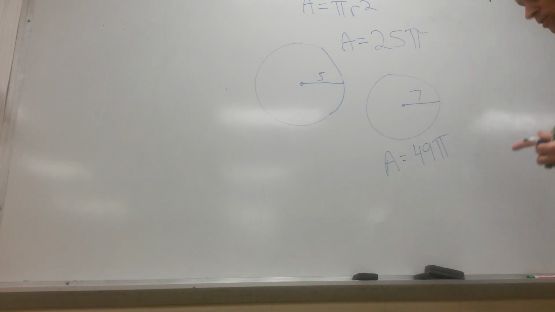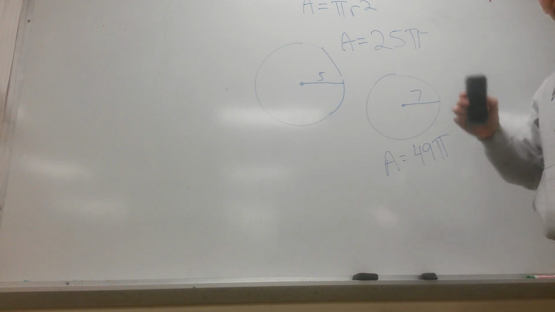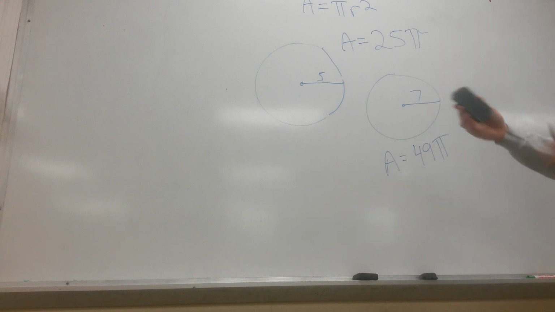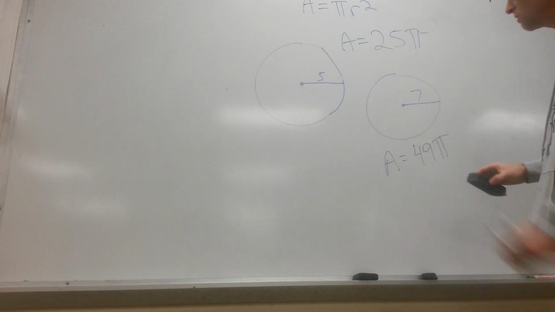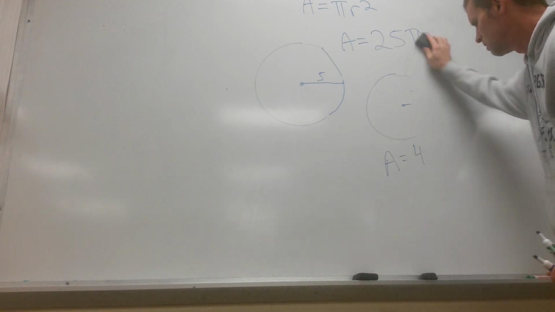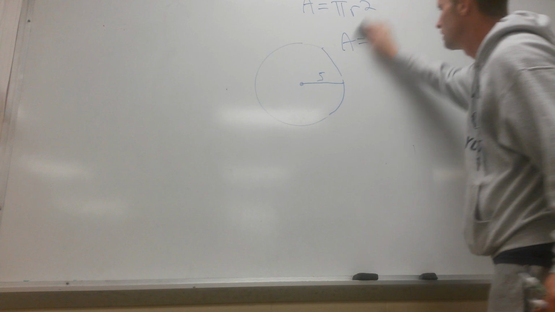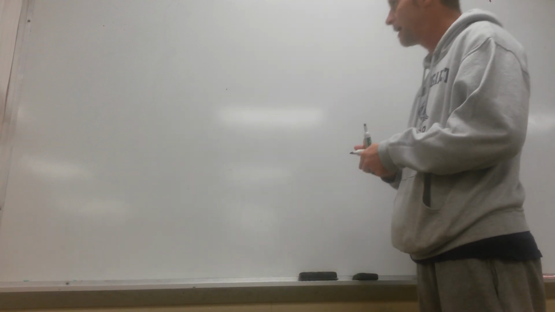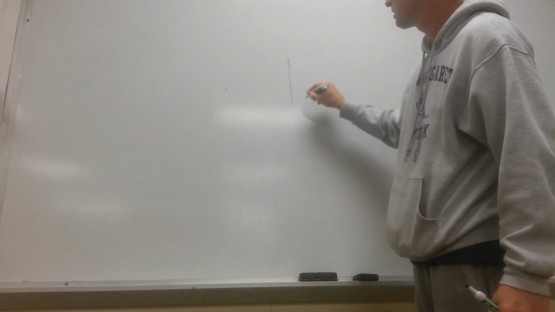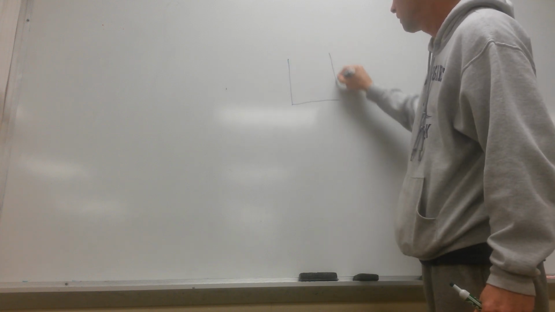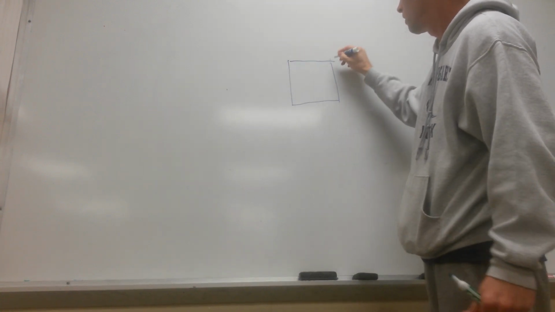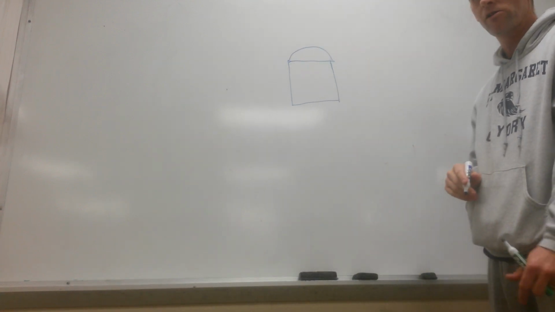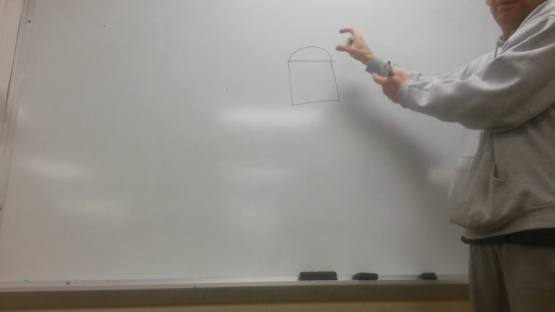The only thing left to do for area of two-dimensional shapes is maybe combine some of them. So, for example, you might get a shape like this. Oh, it's terrible. I'm pretending that's a rectangle with a little half circle on top. Okay, well, all it is, how much space does it take up?